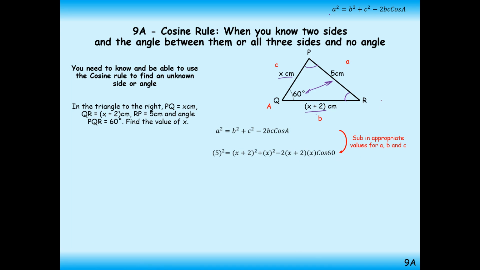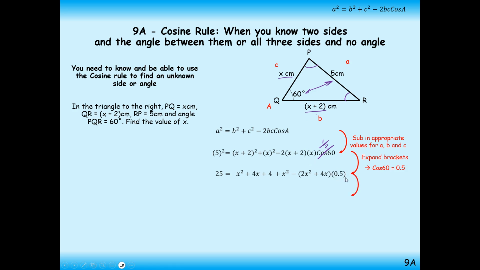Luckily, cos of 60 is a half, so we can just replace cos 60 with a half and simplify this equation. You're going to have to multiply out the brackets, so it will be x squared plus 2x plus 4x plus 4 plus another x squared, and so on.